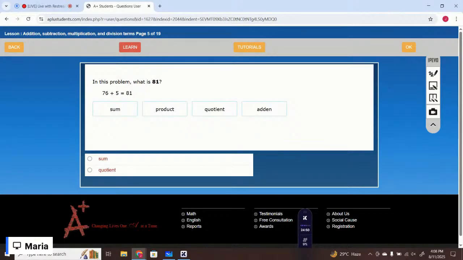In this problem, what is 81? 81 is the sum of 76 and 5. So sum it is.